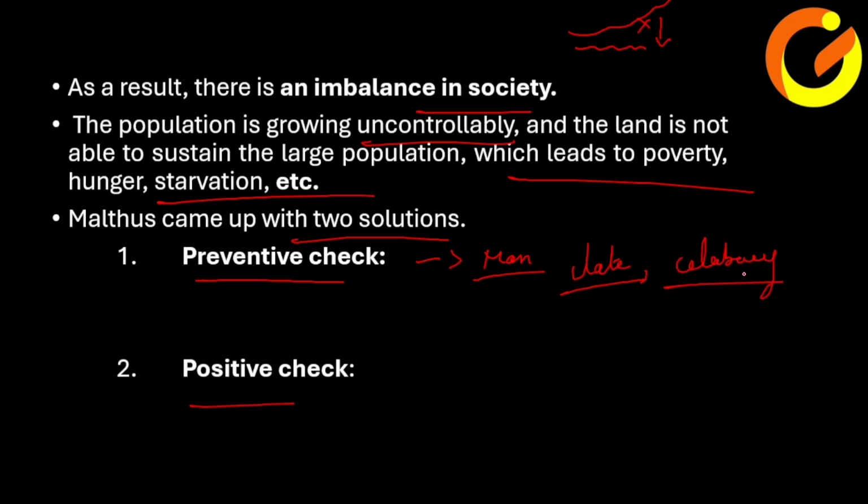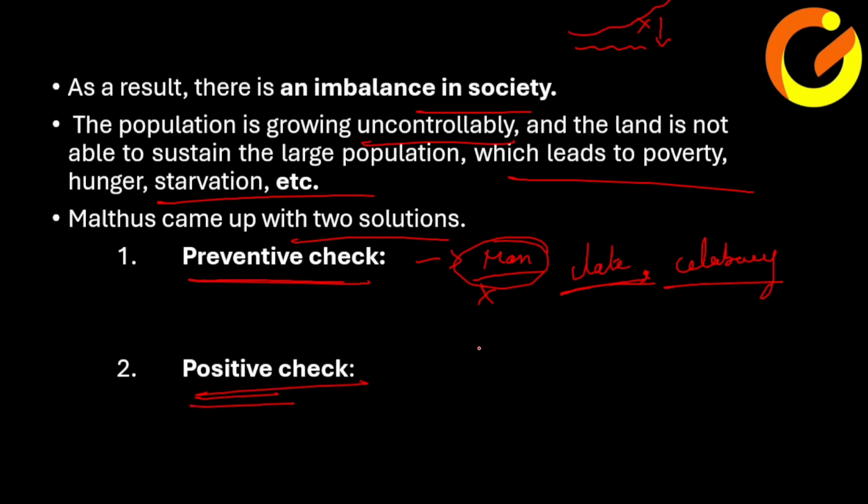Celibacy in Kannada we call it brahmacharya, or in Sanskrit also you can call it brahmacharya, right? So following celibacy and late marriages, postponing the marriages, these are all the preventive checks which are possible by man. And if the man is not controlling, listen carefully, if the man is not controlling, nature is going to control the man. That is what Malthus said, the positive checks.